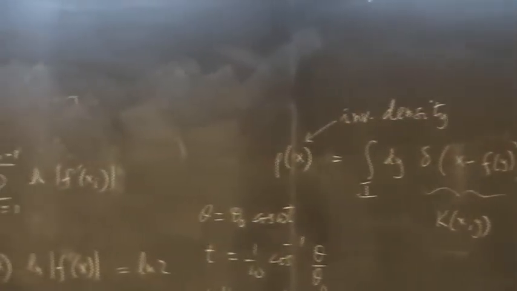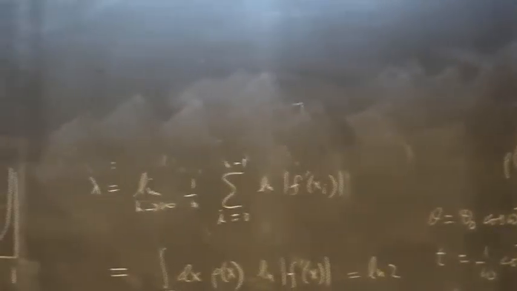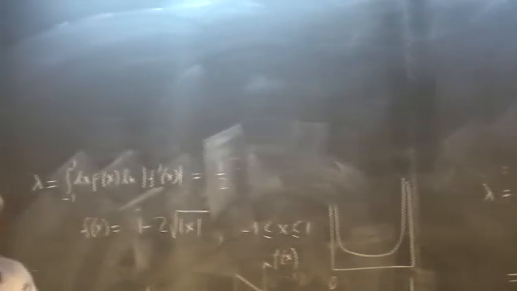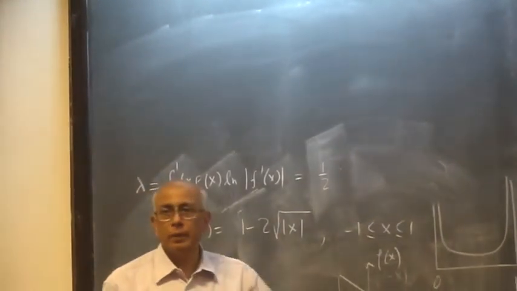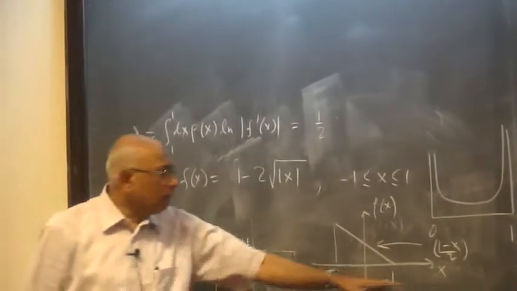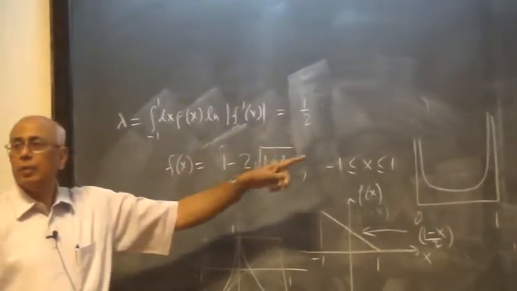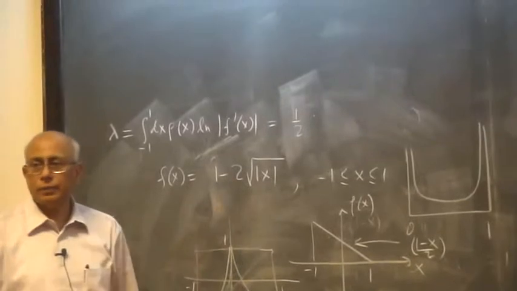The equilibrium case is what it is. So write that equation down for this map, do the delta functions, find the functional equation, and verify that this is a solution. Now once you've done that, then put that in here and compute the Lyapunov exponent, and you should get a half.